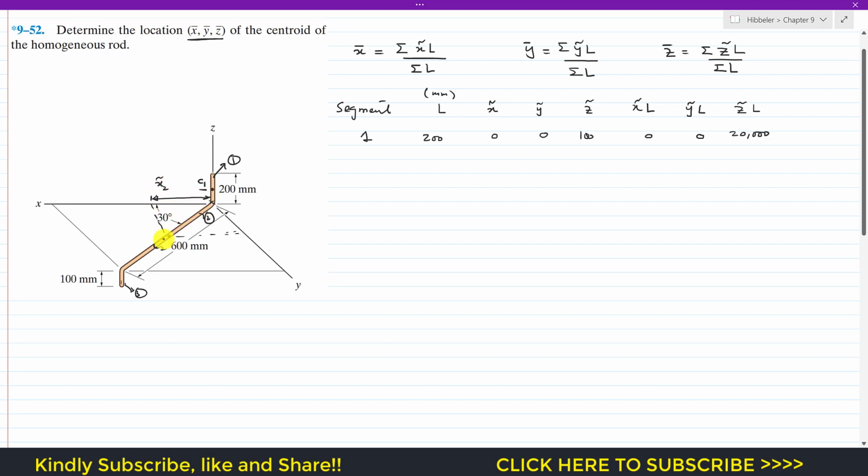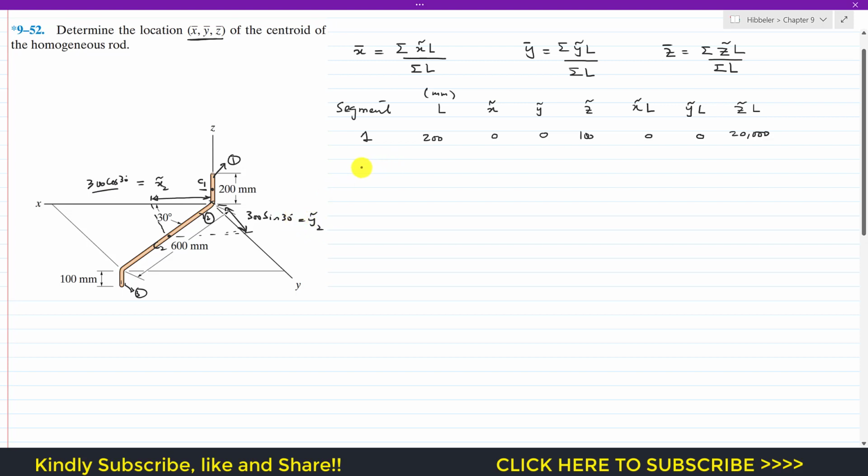This C2 will be at a distance of 300 mm along this length. So if we drop a perpendicular, this x2 will be 300 cos of 30 degrees, and similarly this length will be 300 sine of 30 degrees. So x tilde 2 is this, and this is y tilde of segment 2.